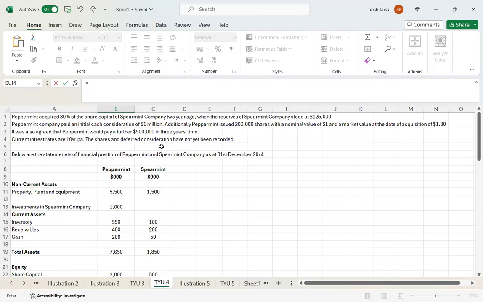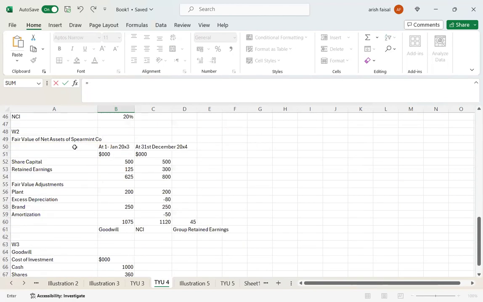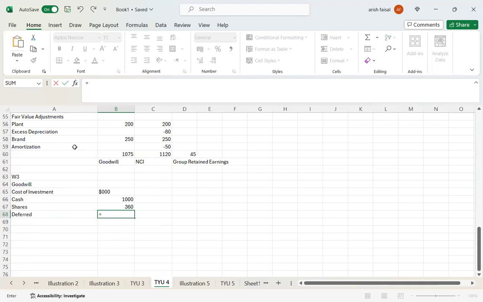Anyways, so 500,000 and the discount rate given to you is 10%. So we need to find out the discount factor. We'll multiply it by half a million and we're going to get the present value of that. So you can see that the fair value of that 500,000 which we have to pay after 3 years in today's terms is what we will calculate right now, right?